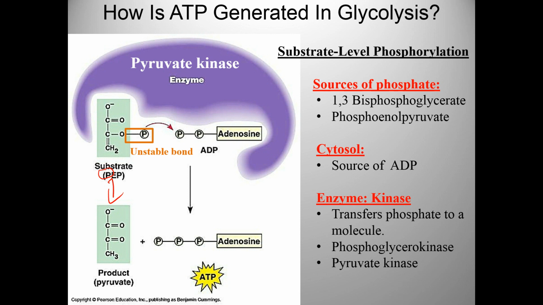This is a highly unstable bond, and it doesn't take a lot of energy to break this particular bond. So this bond is going to be broken and the phosphate transferred to ADP. As a result, you end up with pyruvate and ATP.